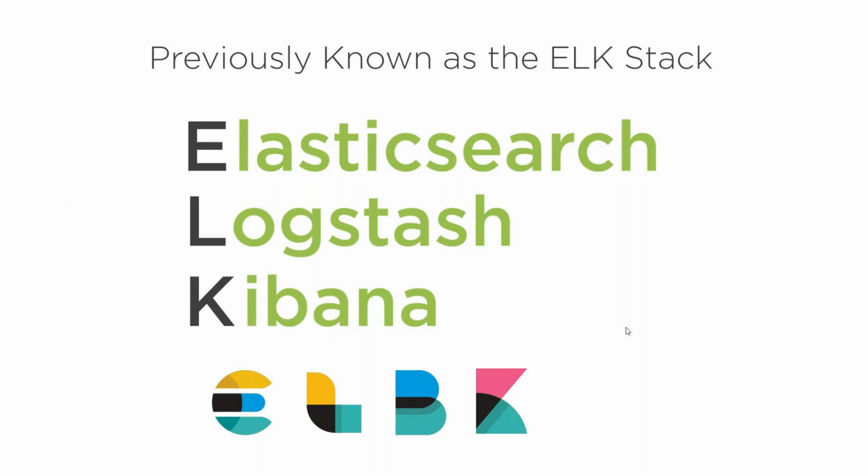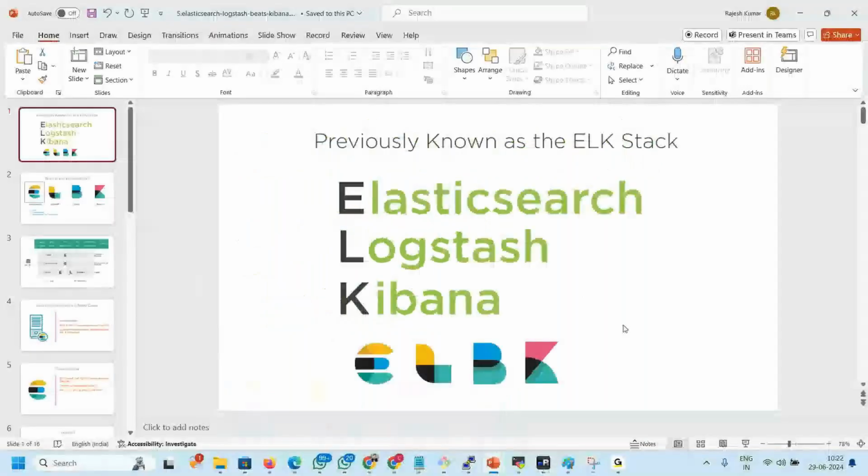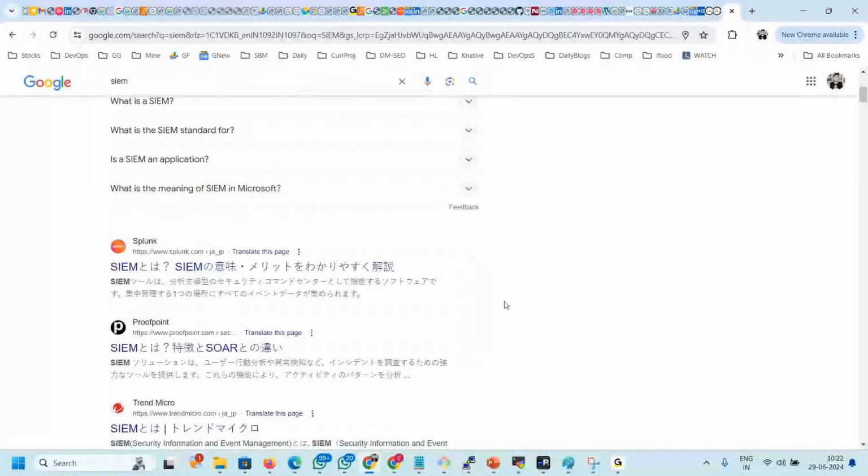SIM is security information and event management. SIEM is a part of DevSecOps. Splunk is the leader, Elastic is the second leader. So now these are the four software which we have.